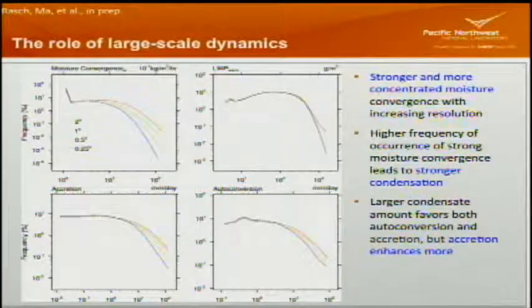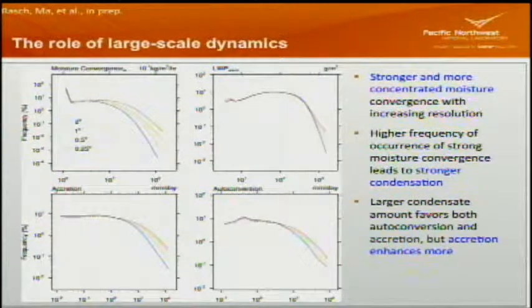So we want to further understand it. When you go through all these slides, you'll see that all these findings are so obvious. So with the higher resolution, we already know from the beginning that the eddies are being resolved better. And with the better resolved eddies, we have a much more frequent occurrence of strong moisture convergence.